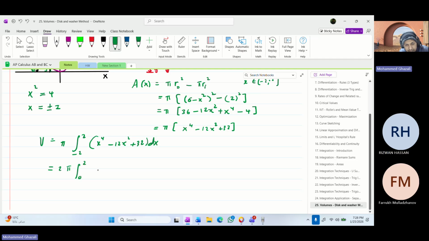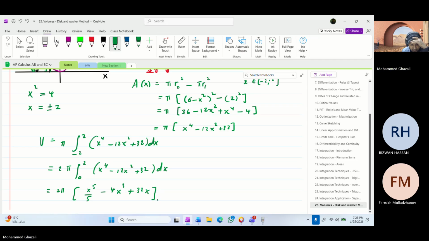2 pi, integral from 0 to 2 of x to the power 4 minus 12x squared plus 32 dx. And I integrate that and solve. 2 pi, x to the power 5 over 5 minus 12 divided by 3 is 4x cubed. If you differentiate this, you get minus 12x squared, it's correct, plus 32x from 0 to 2.